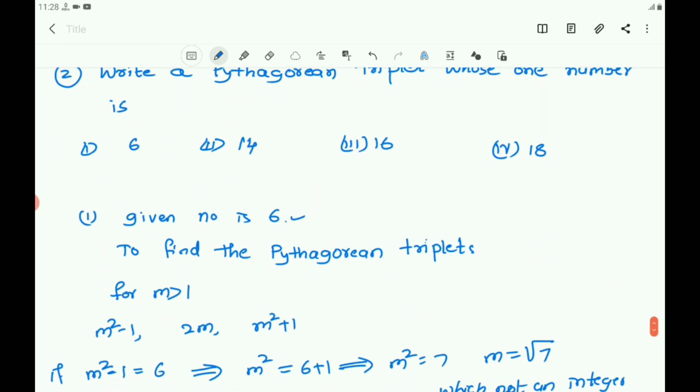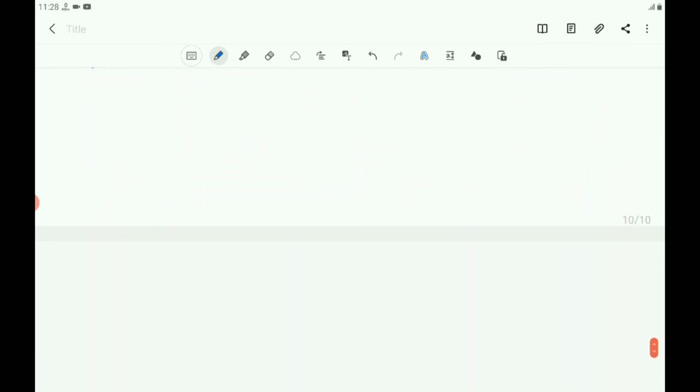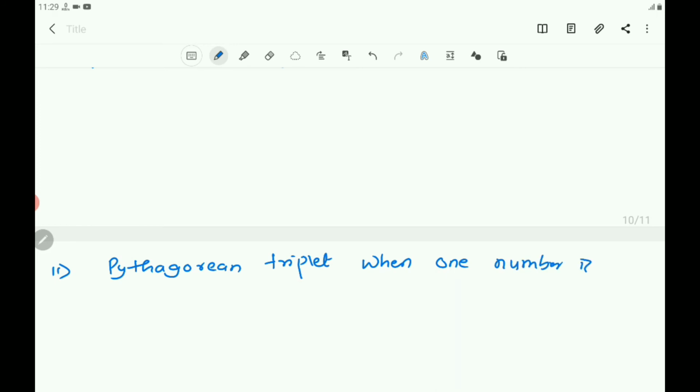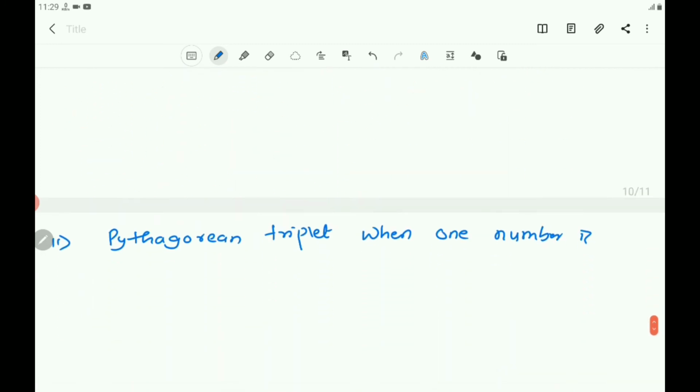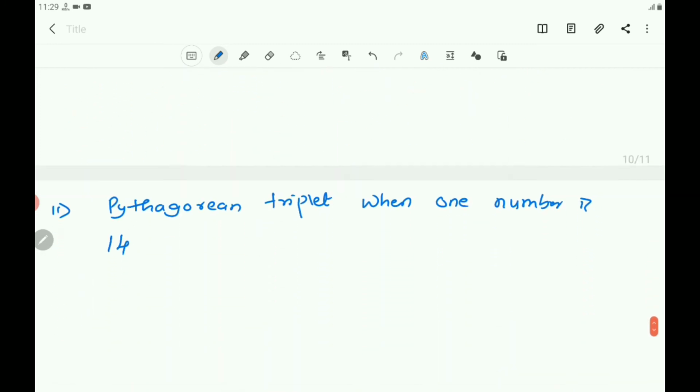The next given number is 14. Second one, you take the Pythagorean triplet when one number is 14. So you try m square minus 1, 2m and m square plus 1.